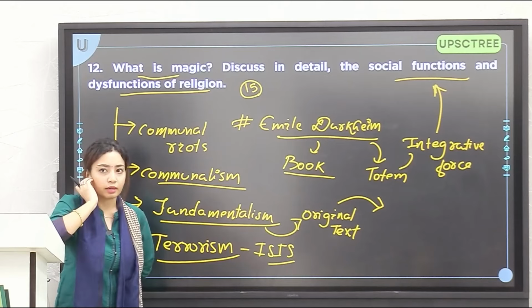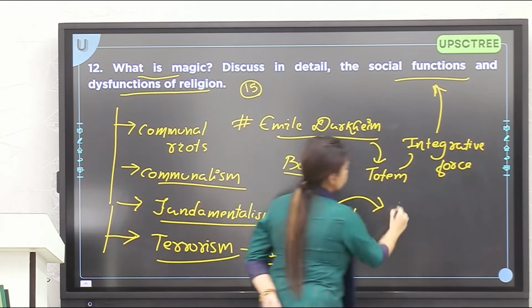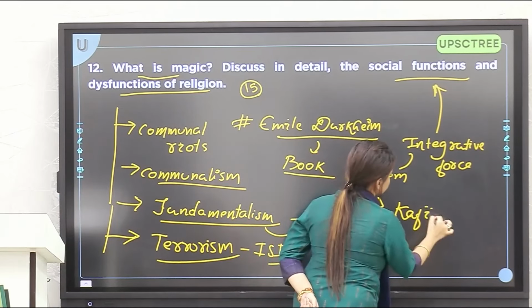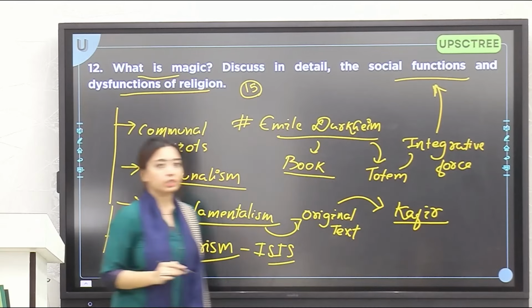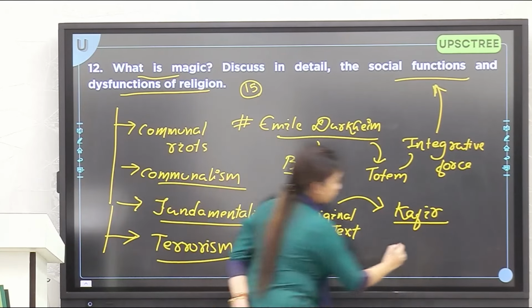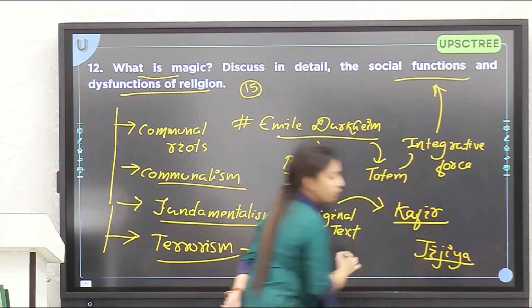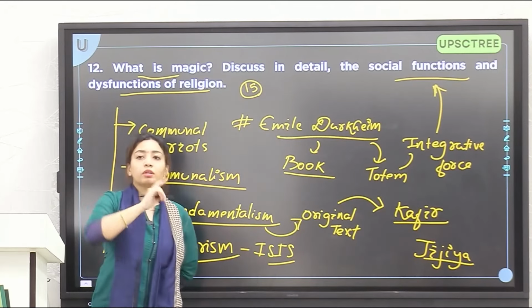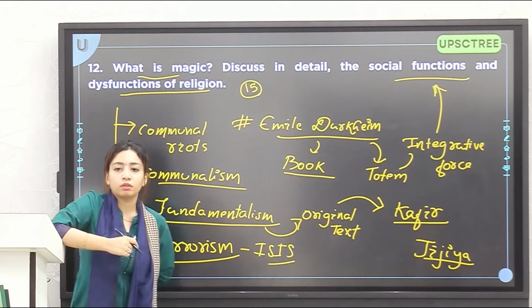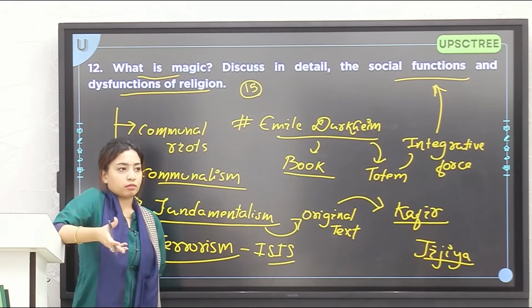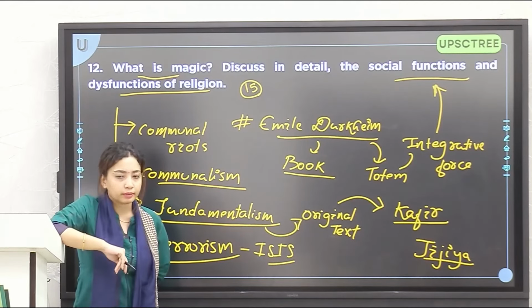Kafirs, they say, right? What is kafir? There was something called jizya. Do you remember what is jizya? The Muslim rulers used to impose a non-Islamic tax on Hindus and so on, right?